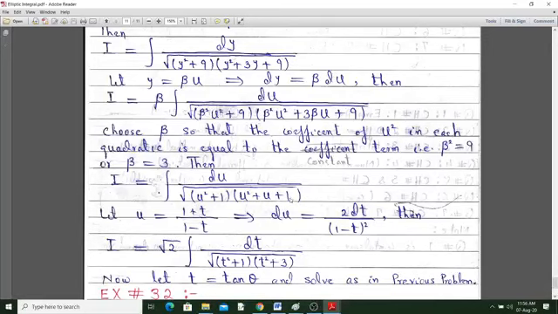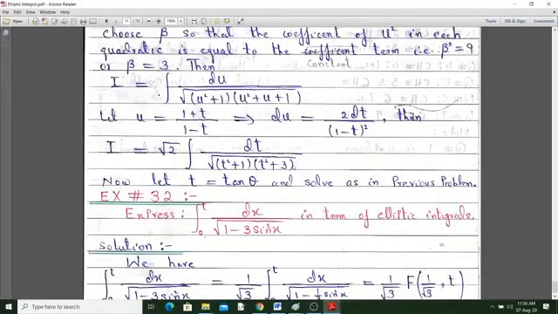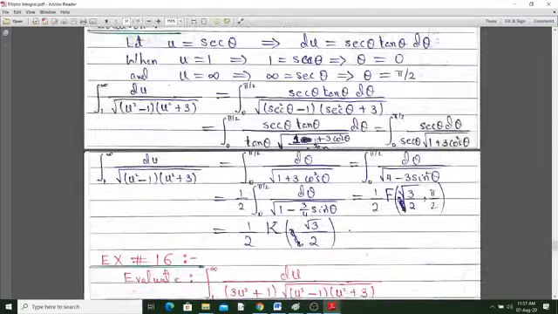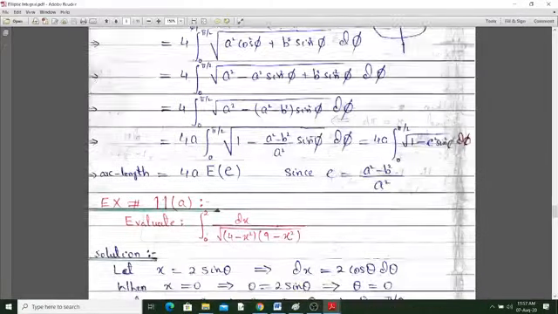So here we have a 1 1 expression, and from advanced calculus we know that whenever we have such an expression, to convert such a quadratic, linear and constant term into quadratic and constant, we bring this transformation: u is equal to 1 plus t over 1 minus t, and this means du is equal to this expression. Just put this simple expression into this expression, and we get this expression. And what is it? This is quadratic and constant, and this is quadratic and constant, and both are positive. And remember, when both are positive, we use this transformation.